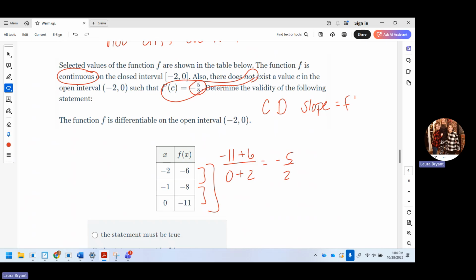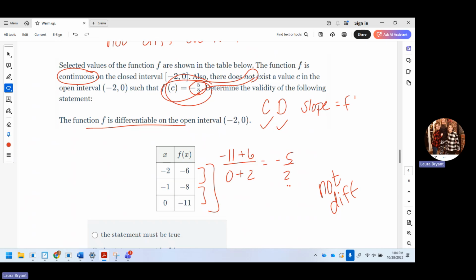Had the function been continuous and differentiable, my slope on the function would have equaled my slope on the table, and it doesn't. It's telling me I don't get this slope. Therefore, the original function is not differentiable, because if it was, these two things would have been equal. So when it says determine the validity of this statement, the function is differentiable? No, false.